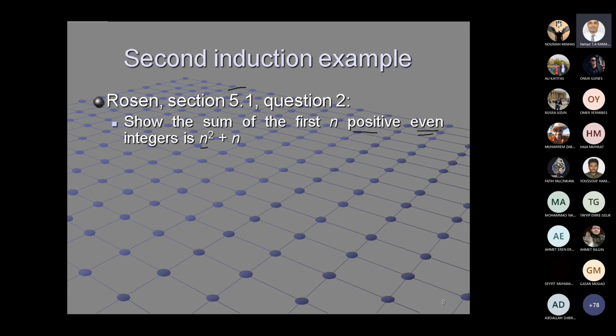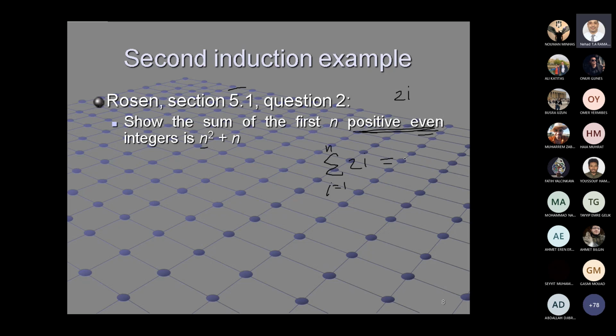So you can write it as the summation from i equal 1 to n. Okay, a positive even integer, the general form is 2i. Yes, so the summation of 2i.